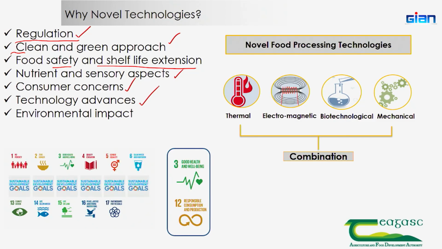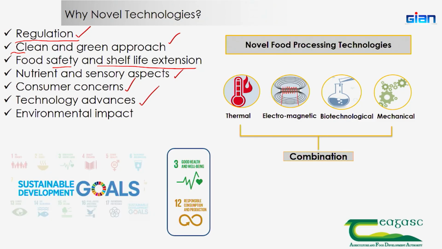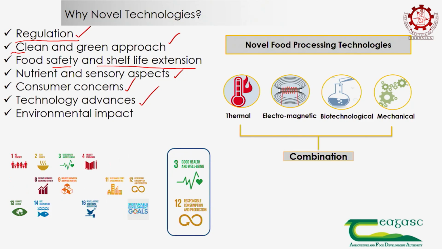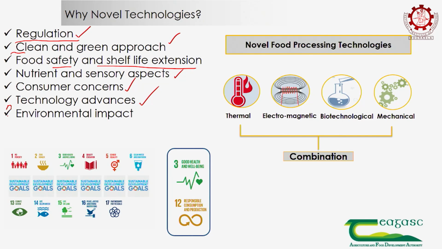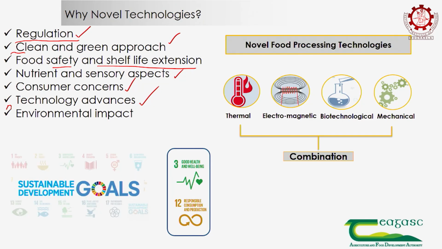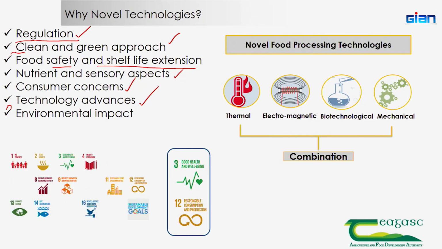Another one is that a lot of technological advances are happening to improve energy efficiency or process efficiency, and processors want to employ new technology in their processes to make more profit and to be more economical and environment friendly. It is something like when a new phone comes to the market, you want to go for that technology. Why, when the previous one was working? It was working.